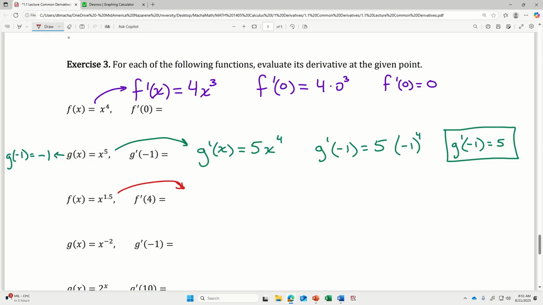Next one. If my original f function is x to the 1.5 power, then the derivative would be 1.5 x to the half. Yeah.